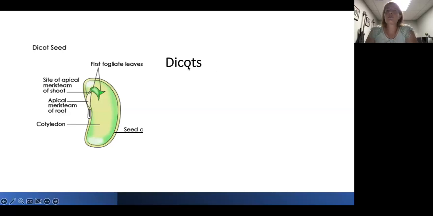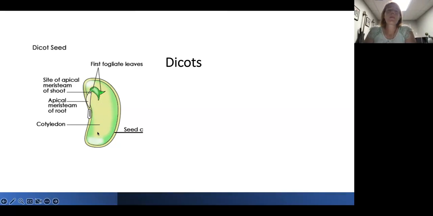The example dicot I have here is a legume. So this looks like a bean seed. Think of things that, if they're not like lilies or grasses or things that don't have long straight leaves, then they're probably dicots.